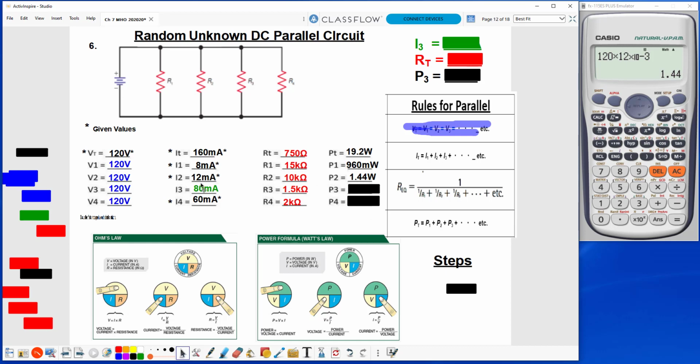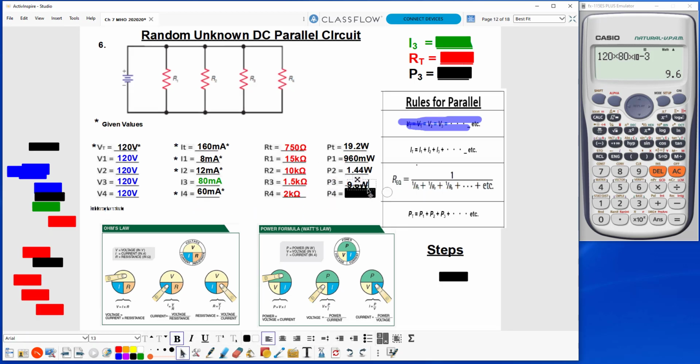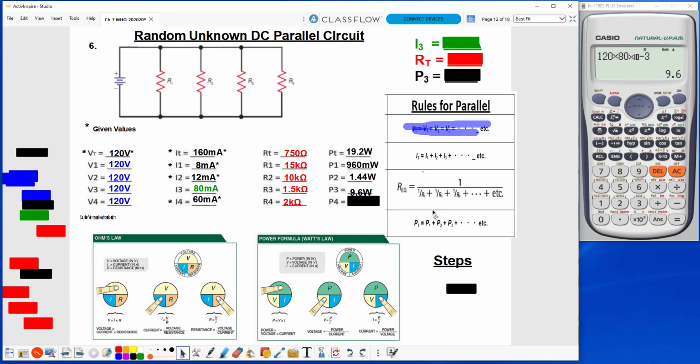Next up is P3, 80 milliamps times the 120. Go up here, change this to 80. It equals 9.6 watts.